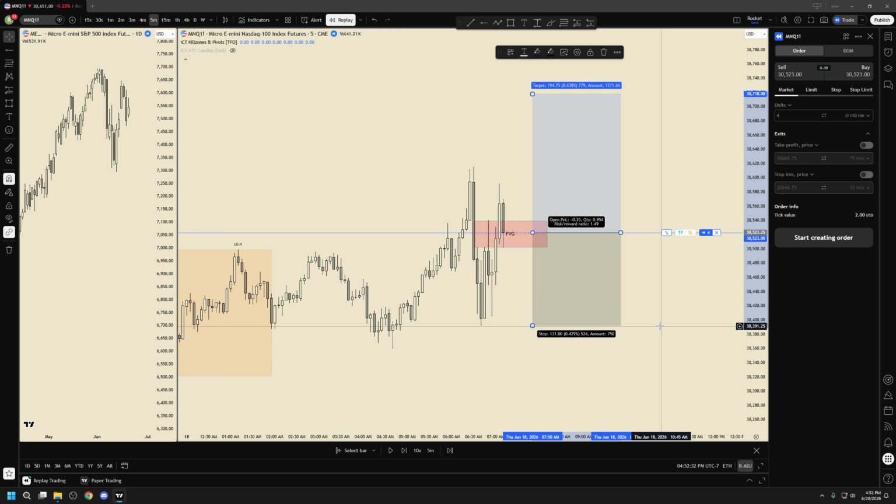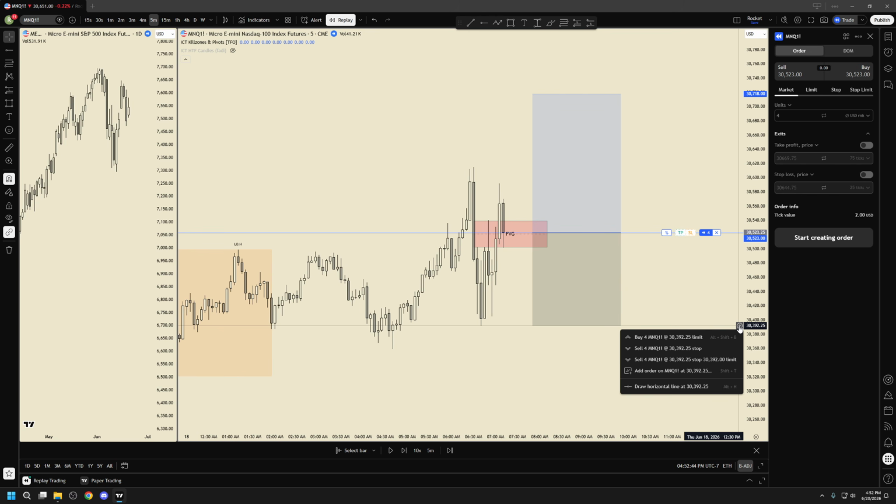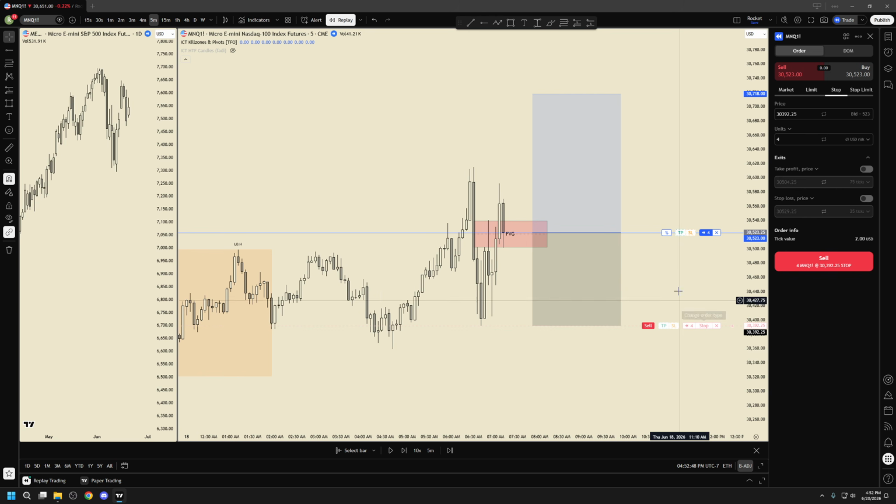That means if I'm trading 2 contracts, I'm risking that amount. How I set my stop loss is I use my cursor on my mouse, find that level down here, press the plus button, and do sell for stop. When you're long, you want to sell as a stop order. That means my stop loss is down there.